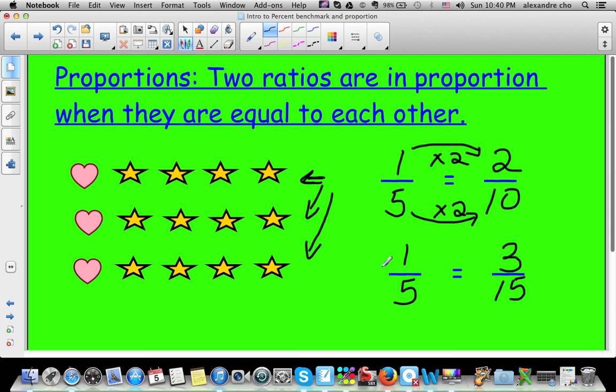Was the same ratio maintained as it was growing? So obviously 5 to 15 is times 3, and 1 to 3 is times 3. So again, you can tell that these two ratios are in proportion. Okay, so you should remember this. This review was not that long ago. Okay, and then let's go to the next page.